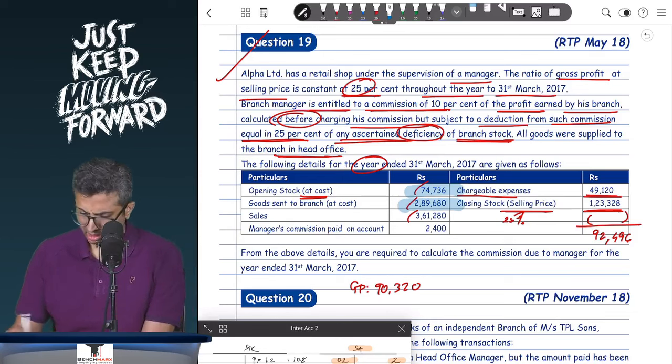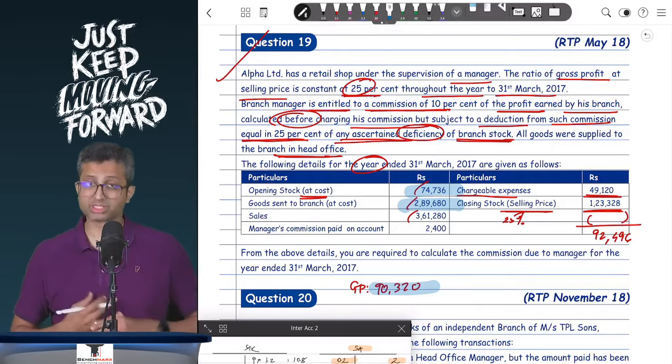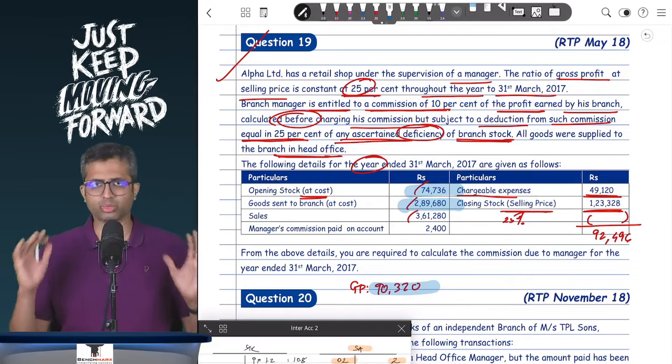Other than that, there will also be a GP of 90,320, and then on the other side there will be sales of 361,280, and then there will be closing stock of 92,496. There's a 960 difference. Now this must be deficiency, maybe goods lost due to pilferage, fire, whatever it is, but this is 960 of deficiency.